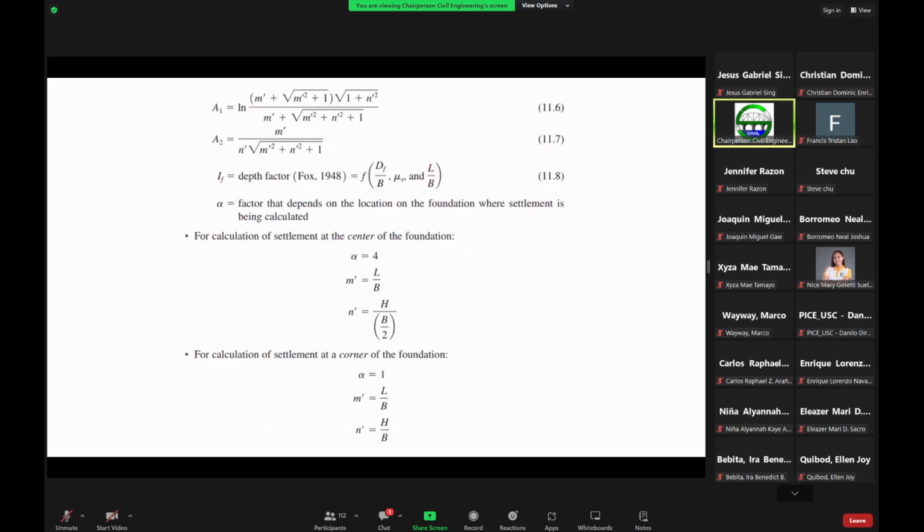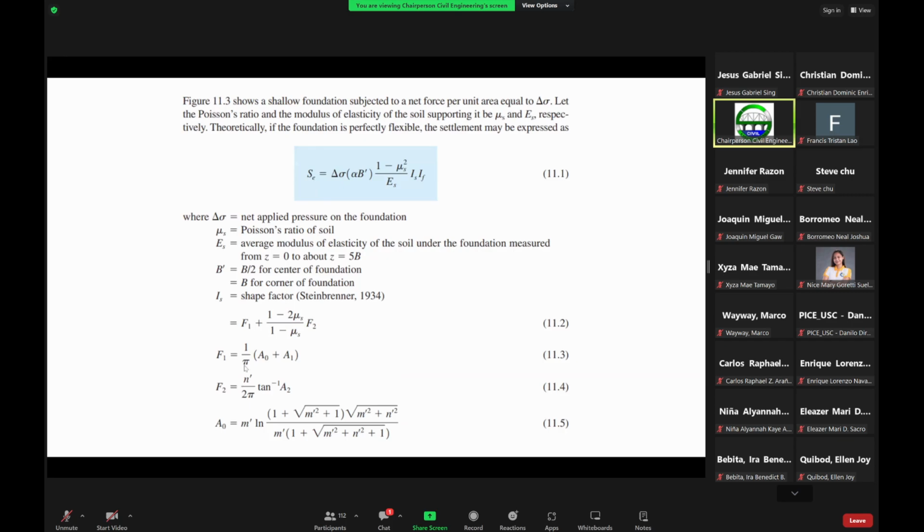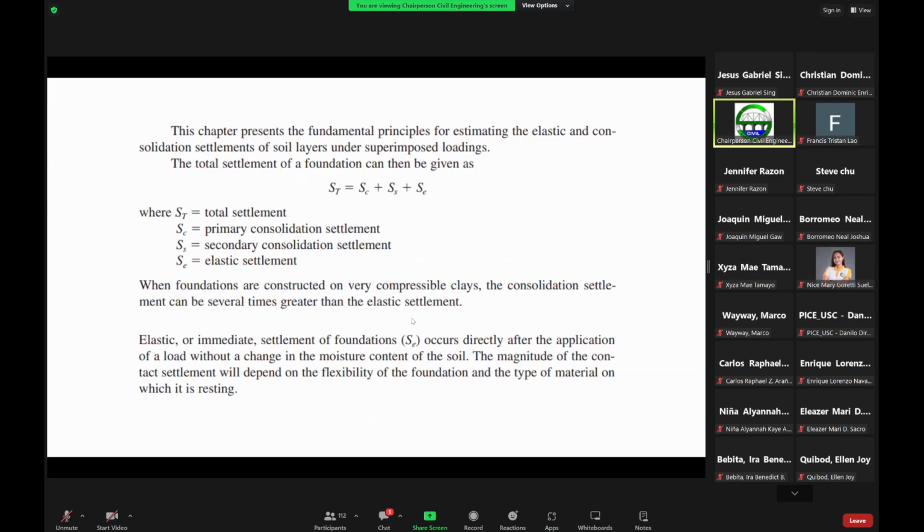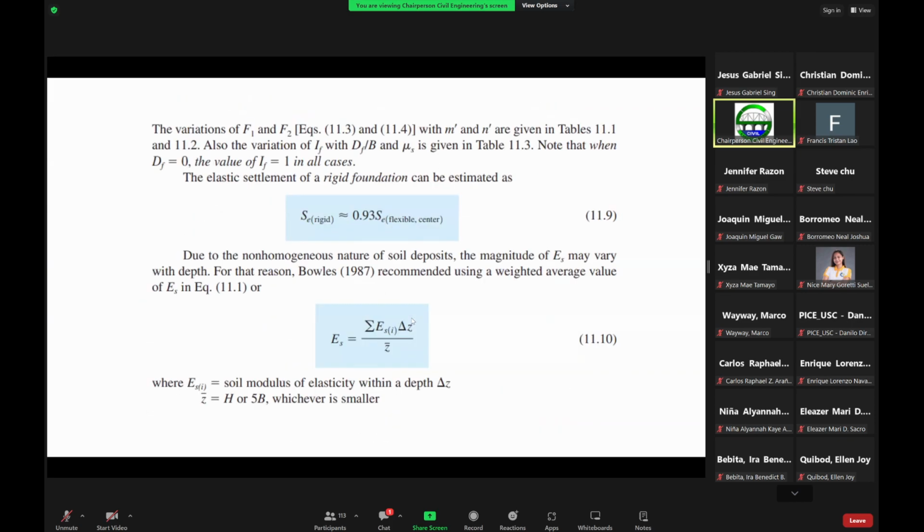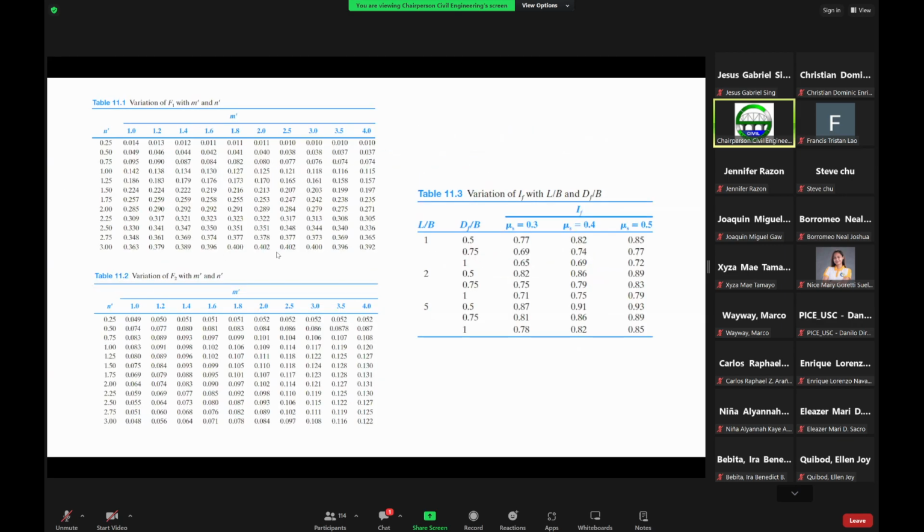Now, if you notice here, f sub 1 and f sub 2 are basically functions of m prime and n prime. If you look at those equations, they can be referred to. If you don't want to calculate anymore, then you can just refer to these tables, which are also found in your book.